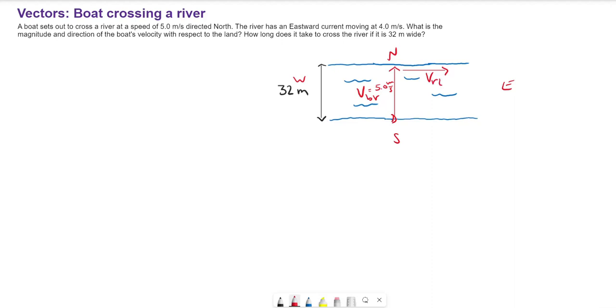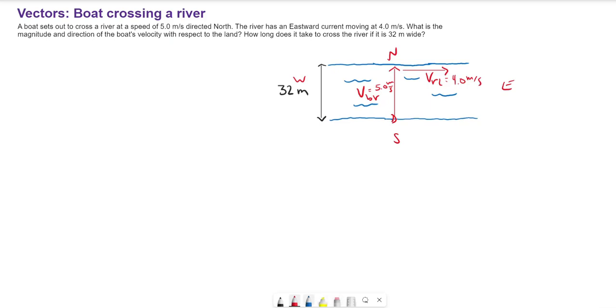The first subscript here is what's moving, and the second one is what it's moving with respect to. If you're standing on the land, the river looks like it's moving at this velocity. So this is 4 meters per second.